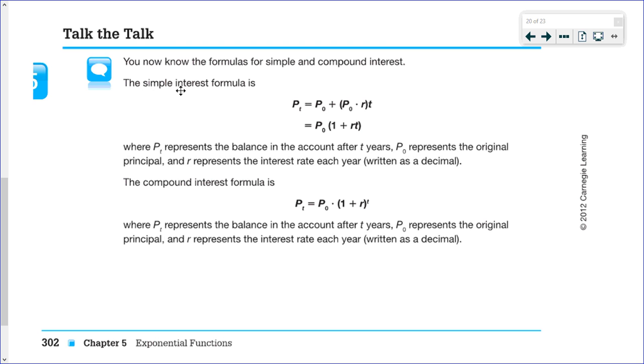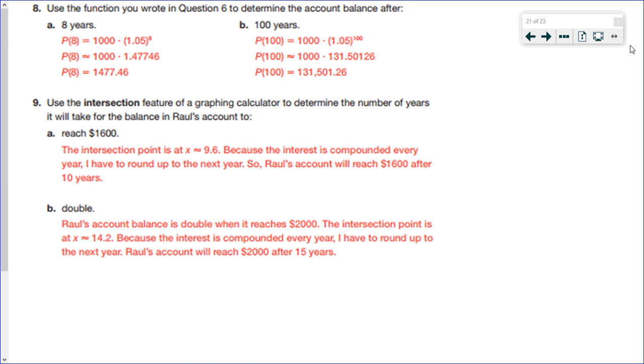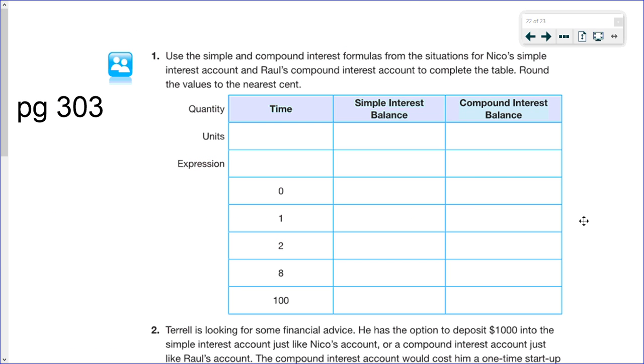The simple interest formula is P0 plus P0 times R times T. The compound interest formula is P0 times, in parentheses, 1 plus R, to the T power. You can use these two formulas to help you fill in the table here on question 1.